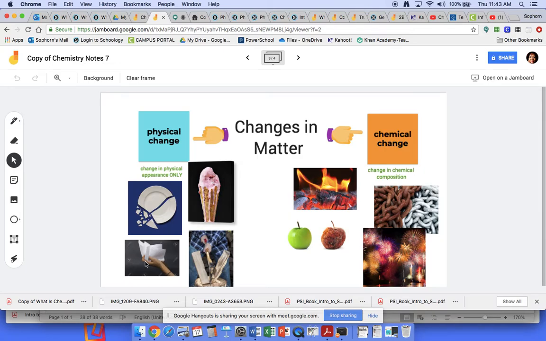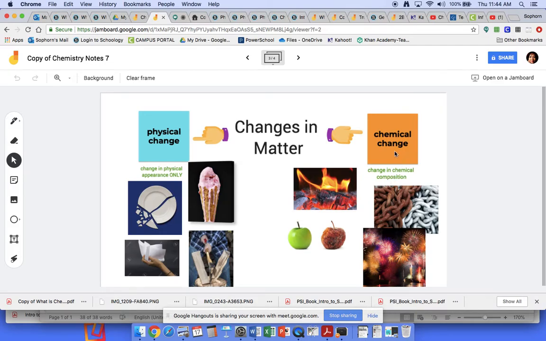And this example here is when you take a sheet of paper and you crumple it, you just change its shape. The paper is still made of the same chemicals as before. Nothing has changed in composition. That's called a physical change. Cutting wood, making it smaller, again, the wood is still made of the same thing. Okay? So that's called a physical change.